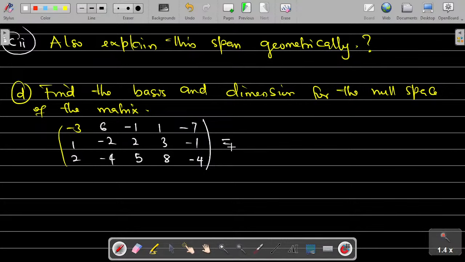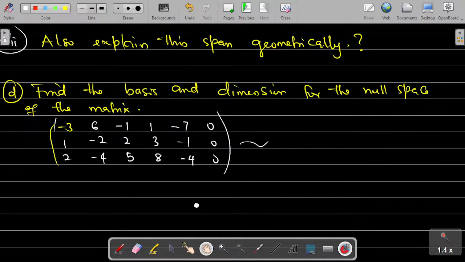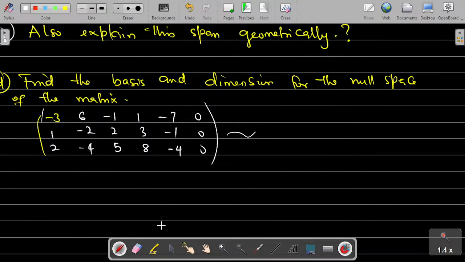We can add zeros to this if we want, or leave it this way, because with or without them it will still be zeros. If we now do a reduction, we have to reduce to know the ones that are linearly dependent, and that will bring out the basis for the matrix.